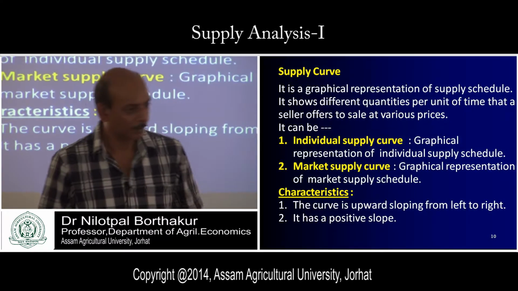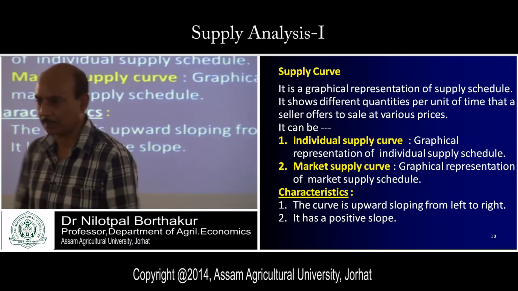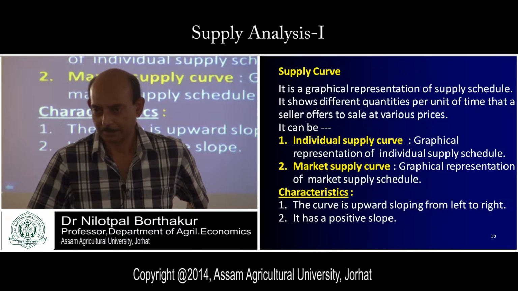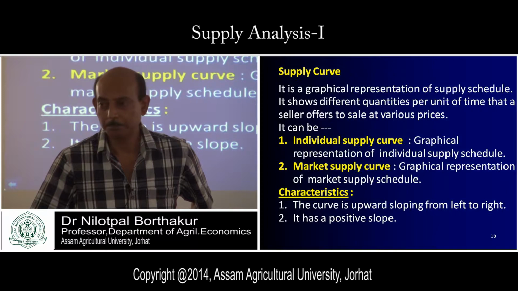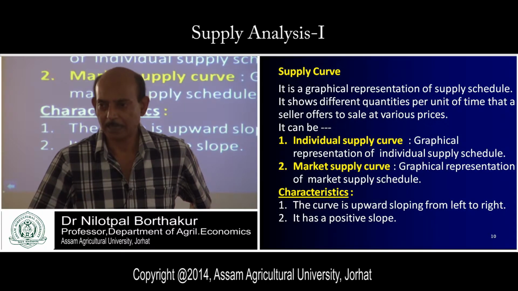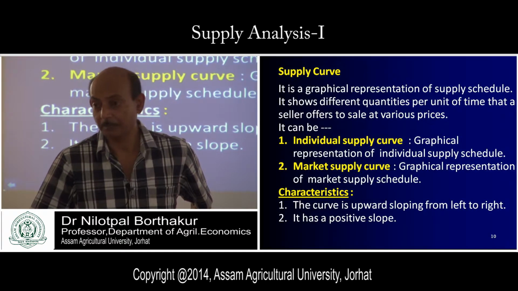I repeat, since the relationship between price and the quantity supplied is direct, we get a positive slope of the supply curve. And as a result, we find the supply curve is increasing from left to right.